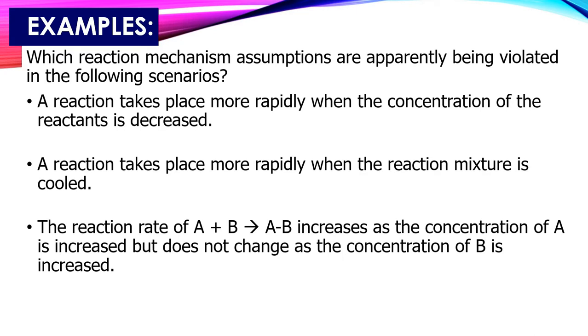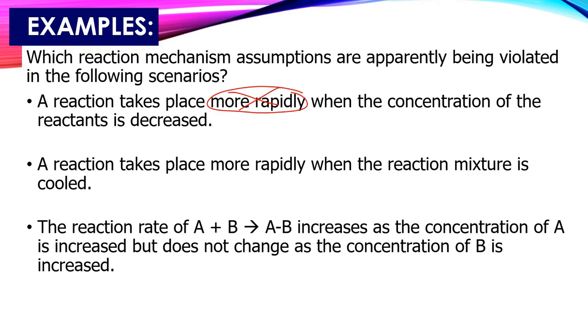That statement. So you did 3 reactions last time. You tested one with concentration. What happened when you decreased the concentration of one of them? It happened slower. So this right here is not right. It happened more slowly.